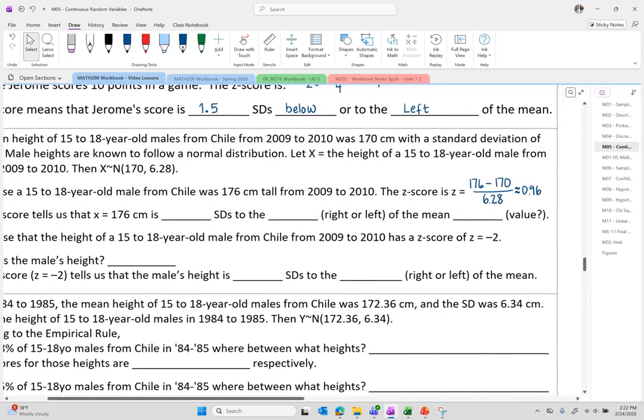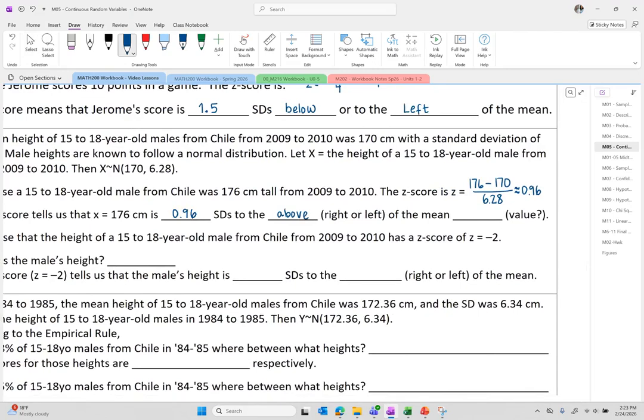The z-score tells us that the height of 176 centimeters is 0.96 standard deviations above the mean, to the right of the mean. The question is asking us here in the parentheses, is it to the right or to the left? Since it's positive, it's going to be to the right of the mean. And the mean was 170 centimeters.